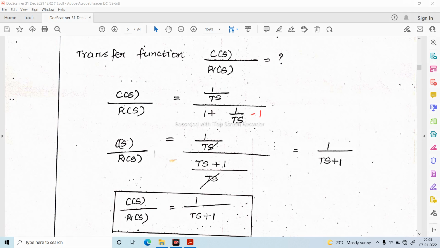Next you have to reduce this 1 by Ts, then take the LCM here, Ts plus 1 divided by Ts. Both the Ts get cancelled. Finally we get the answer 1 by Ts plus 1. So what is the transfer function of the first order system? C of S by R of S equal to 1 by Ts plus 1.